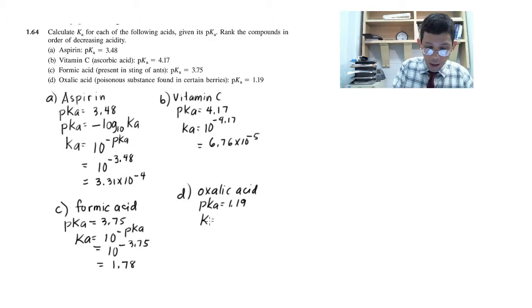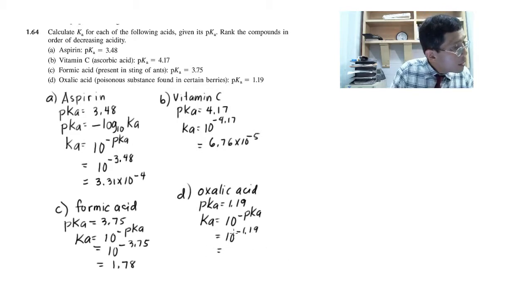So Ka again is 10 to the negative pKa. That would be 10 to the negative 1.19. You should get 6.46 times 10 to the negative 2.